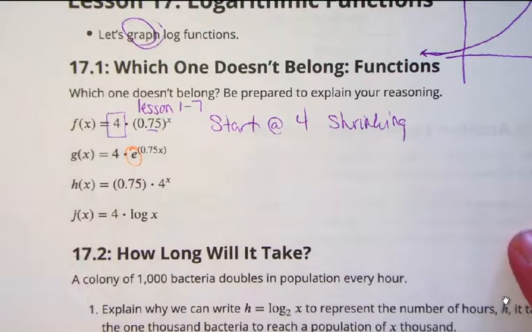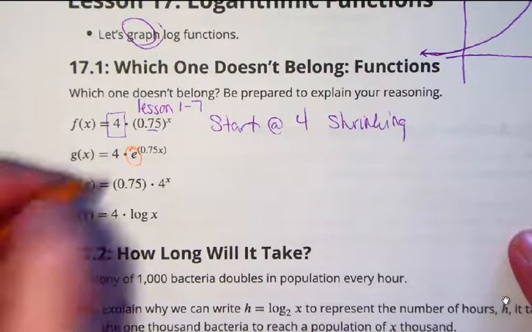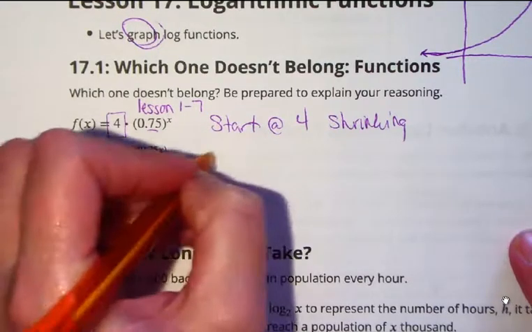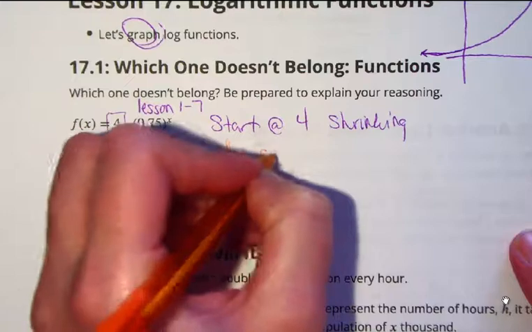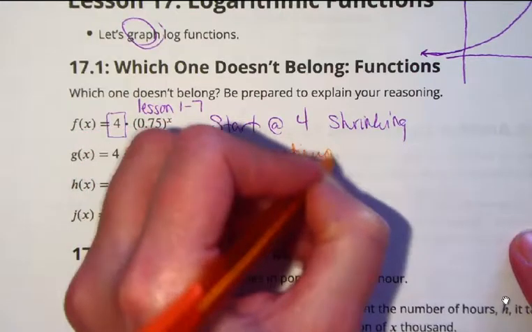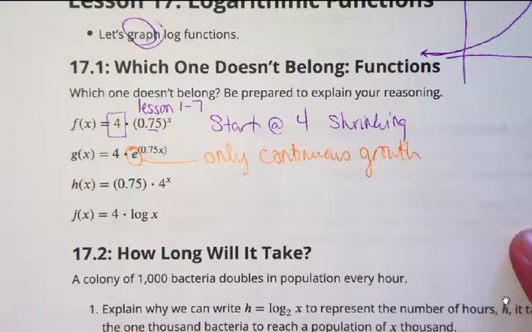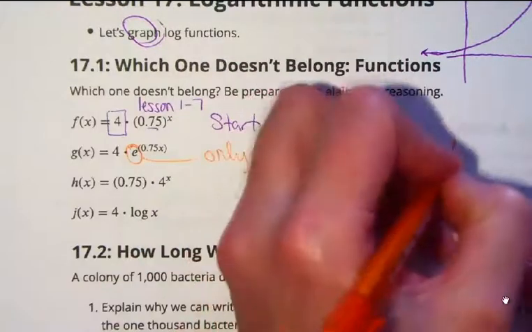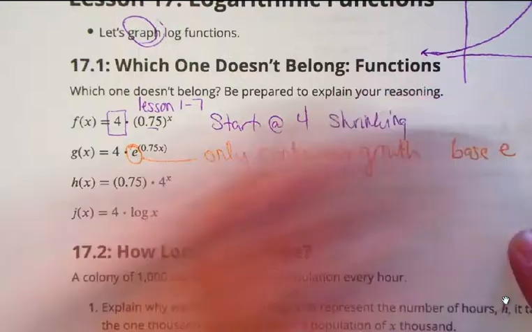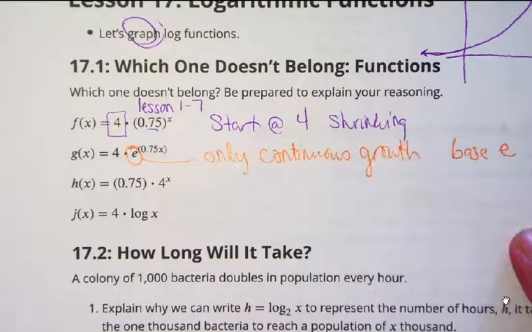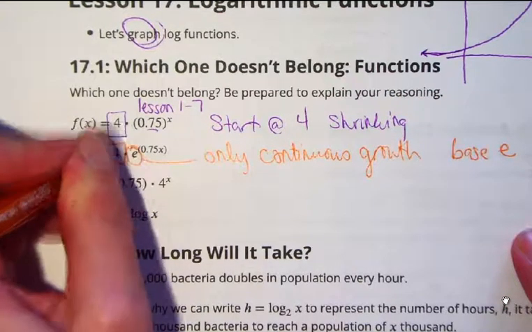So I see this is the only one with continuous growth. All right. So this is our only continuous growth graph. It's the only one that uses base e. It still has a starting value of 4.